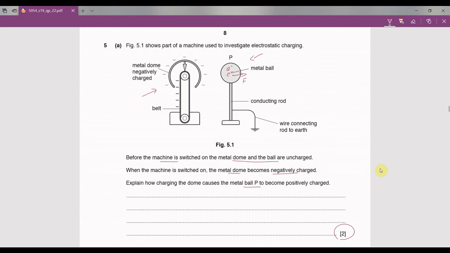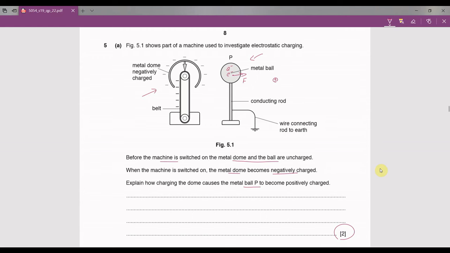Now you're not going to mention positive because positive charges are because of protons, and protons are inside the nucleus. The protons in a material are not going to move. Positive charge does not move. It's only the negative charged, the electrons, that can move within a conductor. So never make the mistake of saying that the positive charge is attracted to the dome.